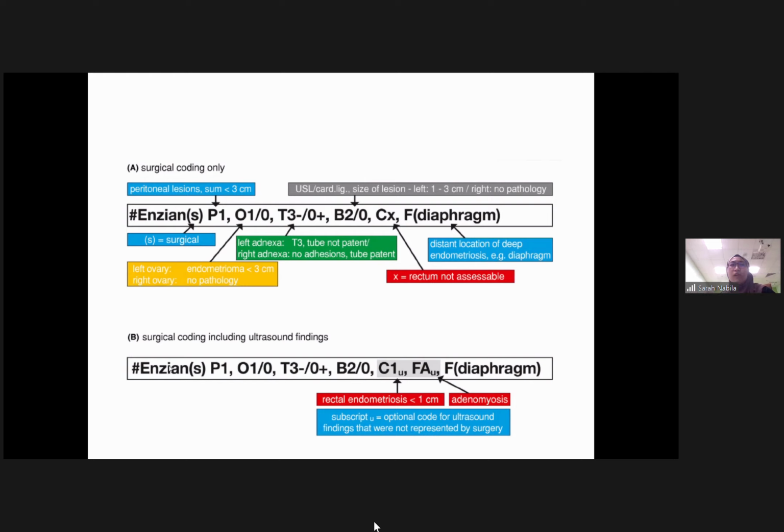So ENZIAN as surgical, all noted during surgery. And then in compartment 1, they put a small letter u to denote that it is noted during ultrasound findings but not represented by surgery, as well as this part, FA, adenomyosis, which is noted during ultrasound.